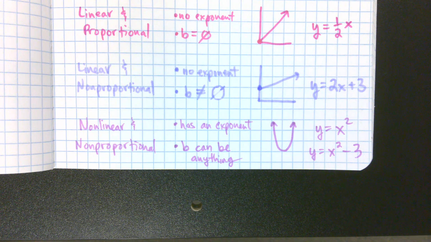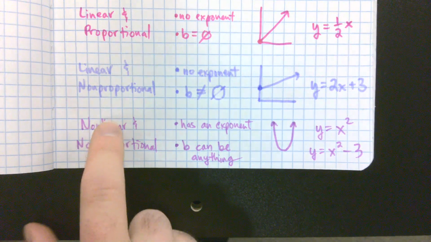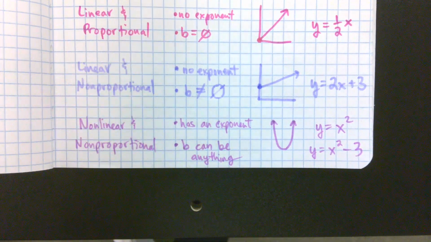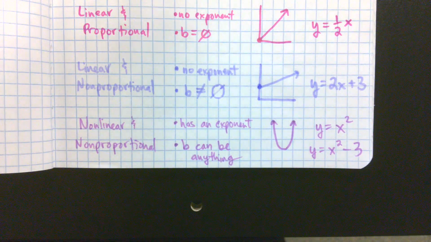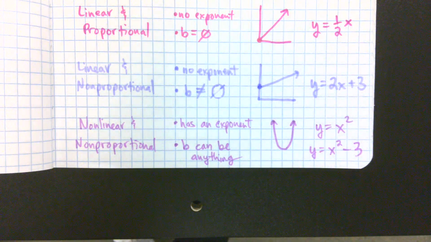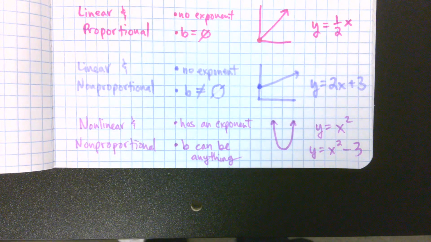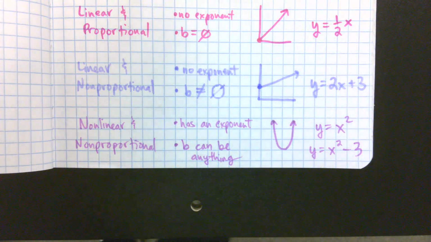What combination of terms is not an option? Yeah, Breeza. Bingo, exactly. Nonlinear proportional will never, ever be the case. It is impossible for something to be nonlinear and proportional. Great catch.